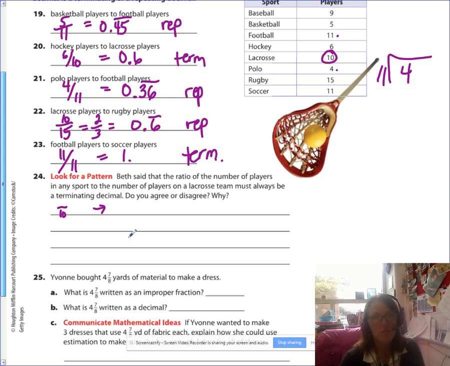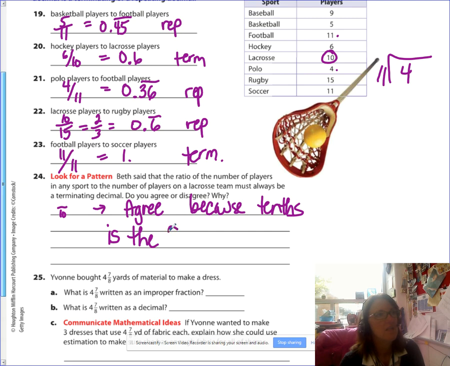Tenths is your first decimal place. So I would agree, because tenths is the first decimal place. It will always be a nice decimal that terminates. Good.